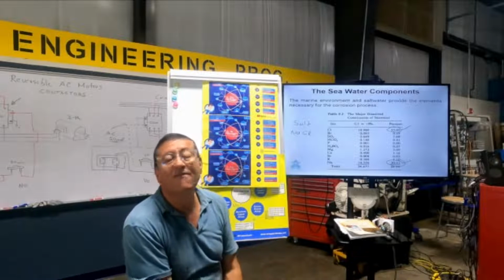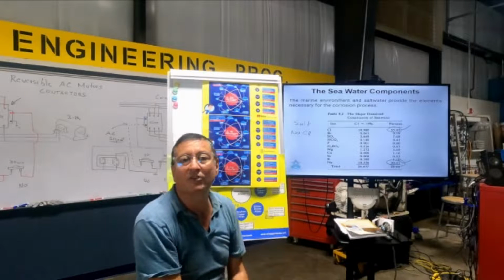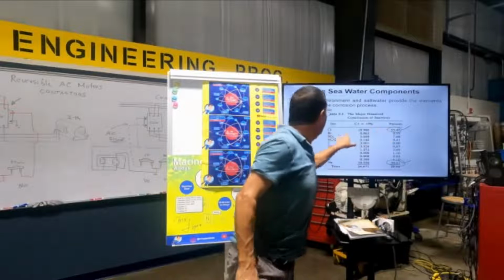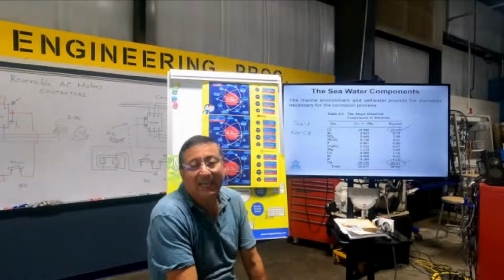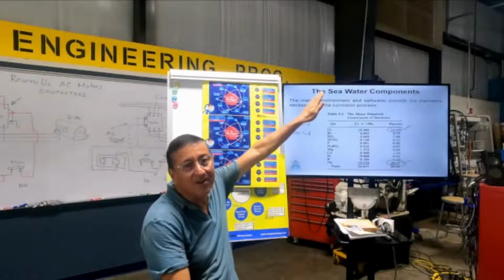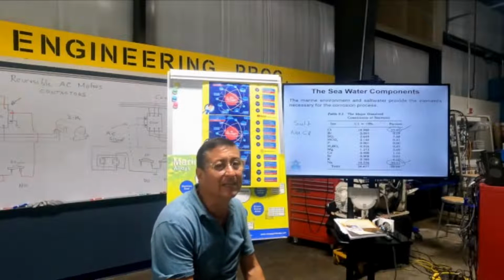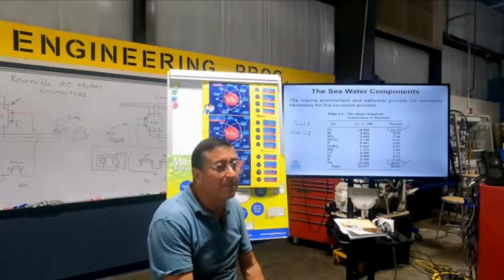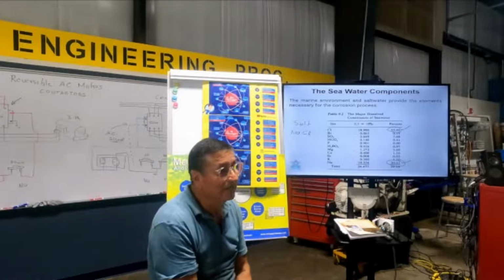And look at this. 55% of the total amount of salt water is chlorine. Oh, wow, chlorine. Chlorine is highly corrosive, no? It's in the right-side corner of the periodic table with a high level of energy. 55%, half of the total amount, is chlorine.